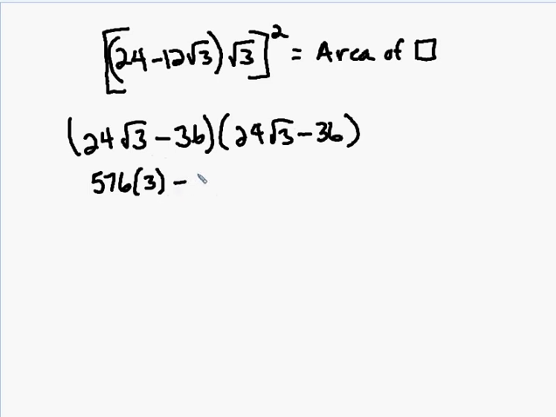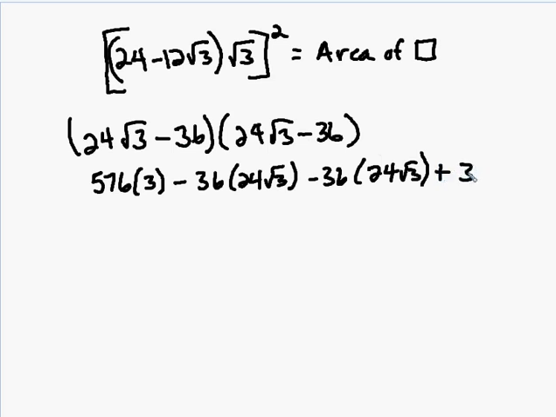So that would be minus 36 times 24 root 3. Then the inside, minus 36 times 24 root 3. And then the last, which is going to be negative 36 times negative 36, which is plus 36 squared.